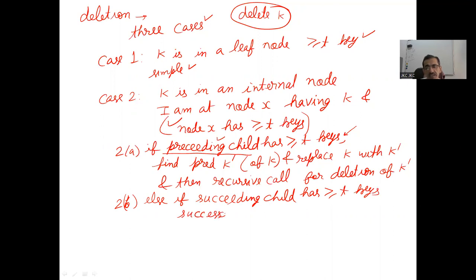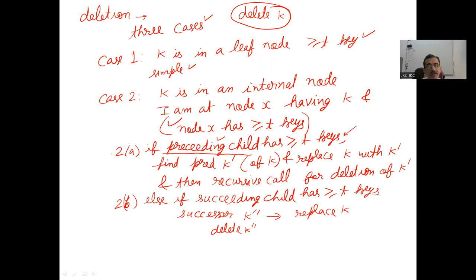The successor K dash or K double dash is taken to replace K, and then you will go for delete K double dash. So this becomes case 2B.